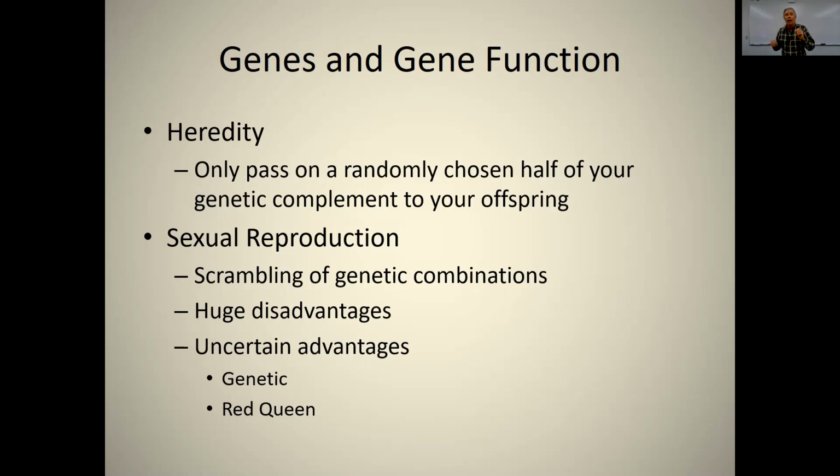So we have to scramble things up also to keep ahead of them. We change our locks, they change their keys, we change our locks. If we didn't use sex, our locks would be pretty much the same from generation to generation, and eventually they're going to find a key to it. But using sex, we scramble up the locks, and they're scrambling up their keys. By chance, they might get a good key that fits a lock.